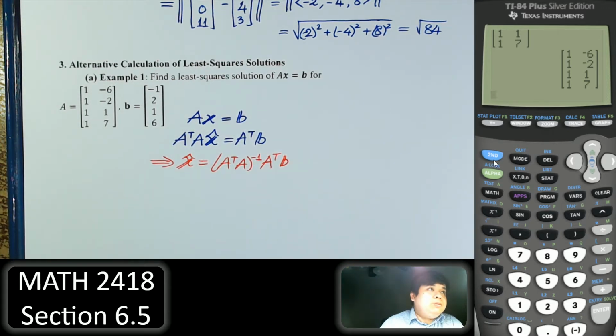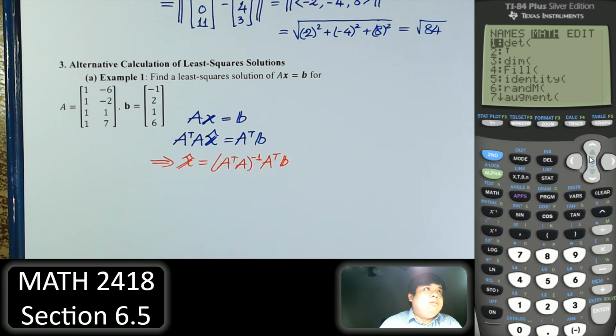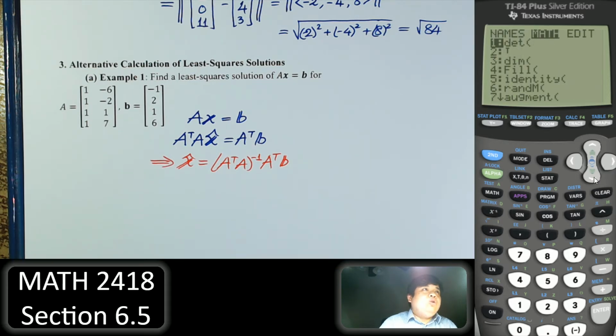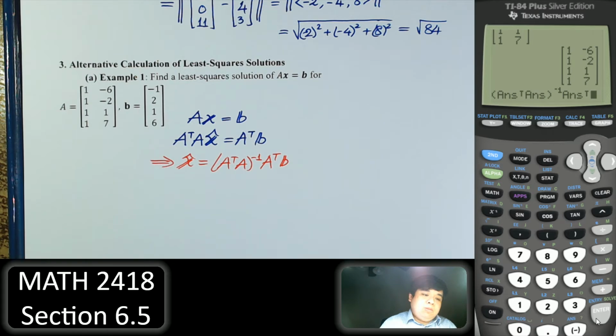So that is A transpose A inverse, and then A transpose times B.